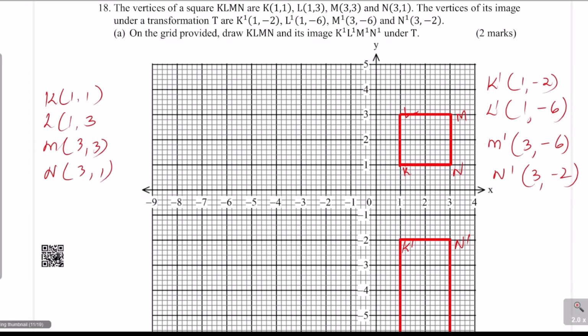So we have -2 1. That is K double prime. And then we have -8 3. That is L double prime.